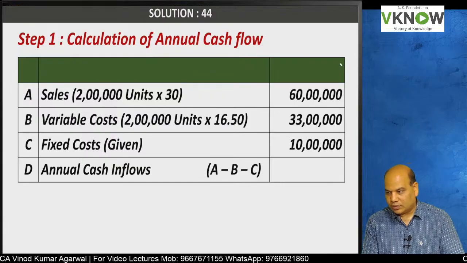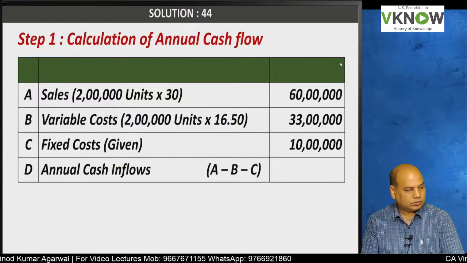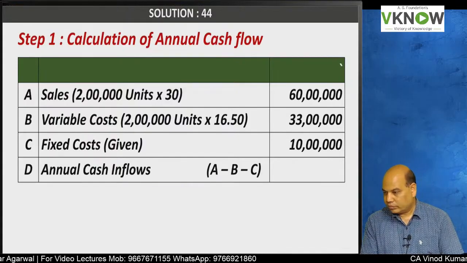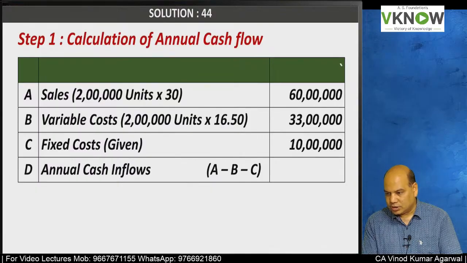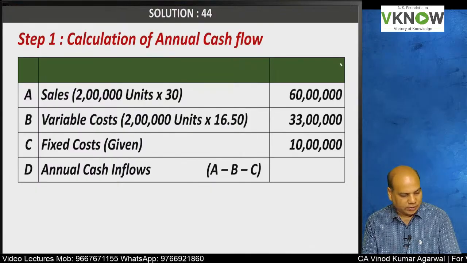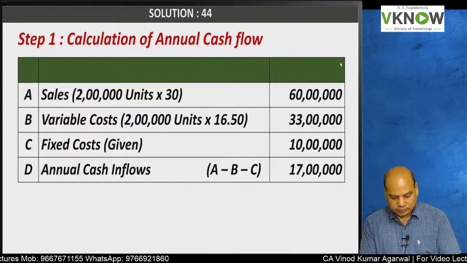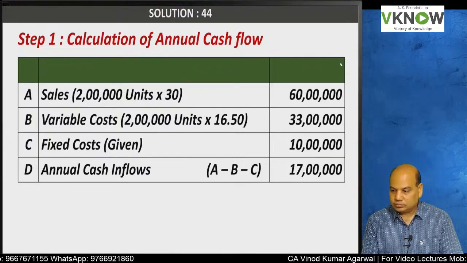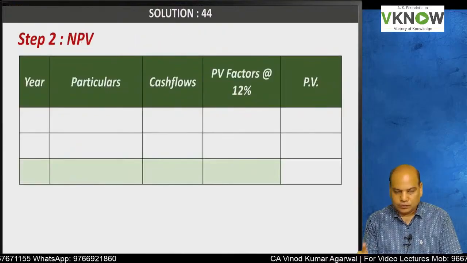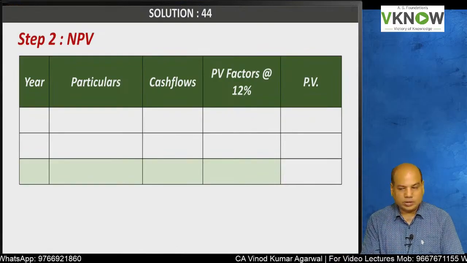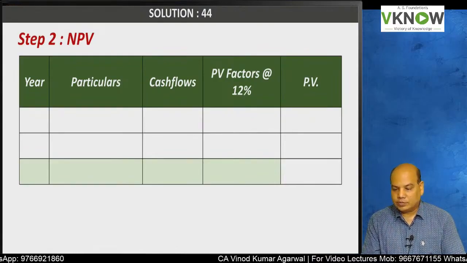Therefore annual cash inflow will be how much? 60 minus 33 minus 10. Is it 17 lakh? Yes, cash inflow is 17 lakh. Now write down NPV. Step 2, NPV.